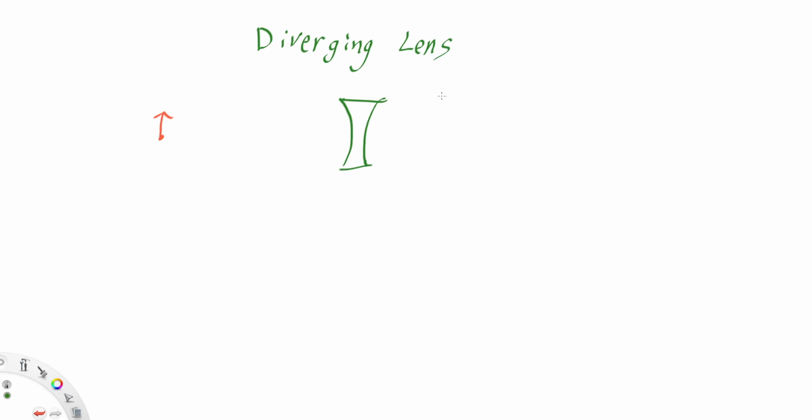The focal length of a diverging lens is negative. And that means we're actually going to draw the focal length on the same side of the lens as the object is at. So there's the focal length.